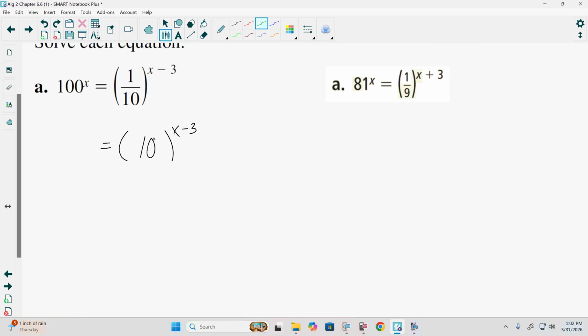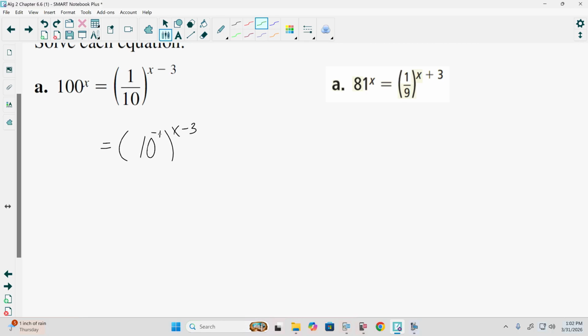But we can't. Because we can move numbers or terms from the bottom of the fraction to the top, or top of the fraction to the bottom. But by doing so, we change its exponent from positive to negative, or negative to positive. So even though it wasn't written in the denominator, we do have 10 to the first, which means when we move it to the numerator, it's now 10 to the negative first power, yes?